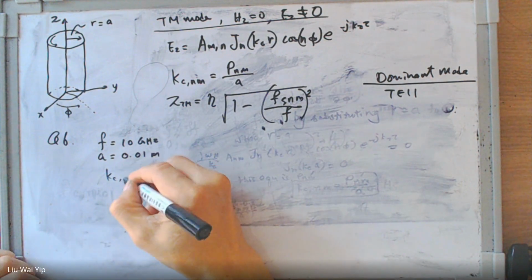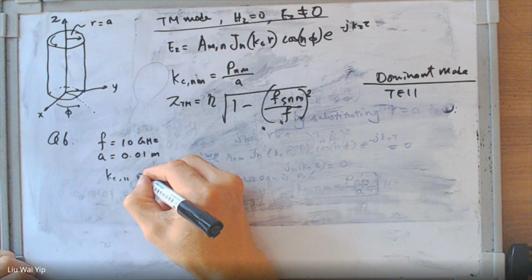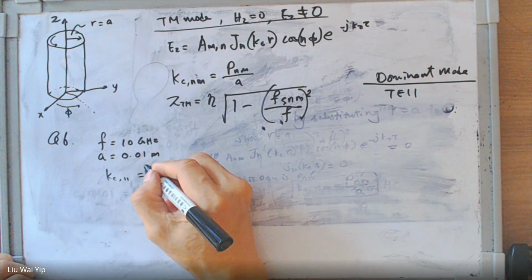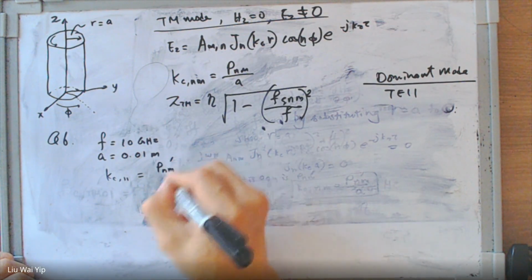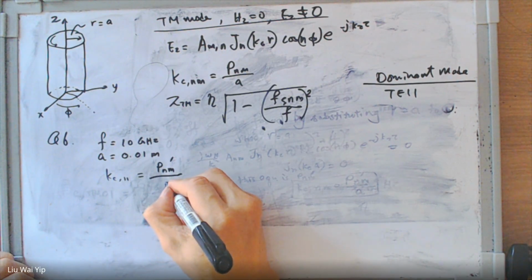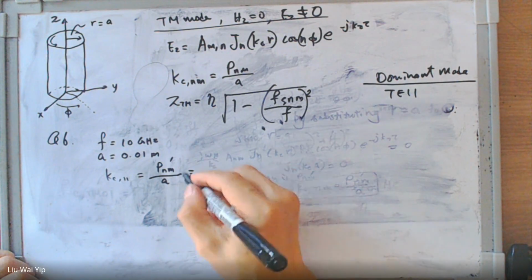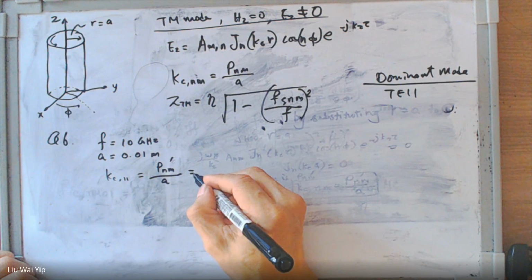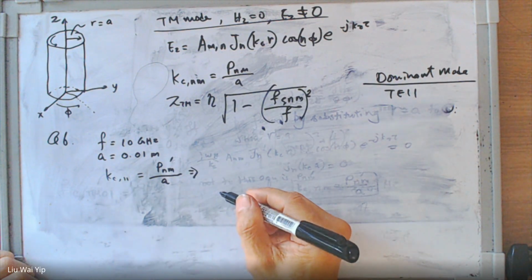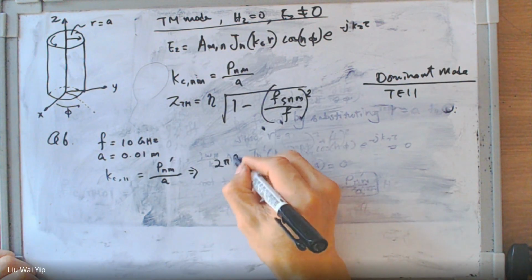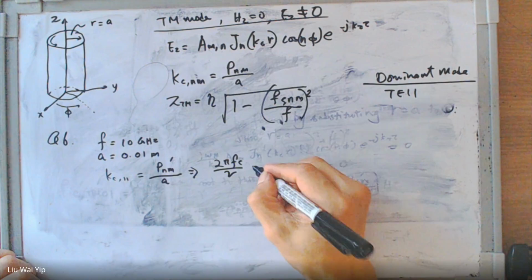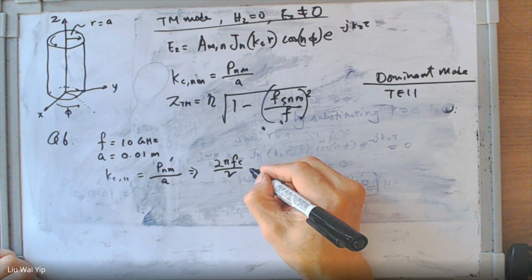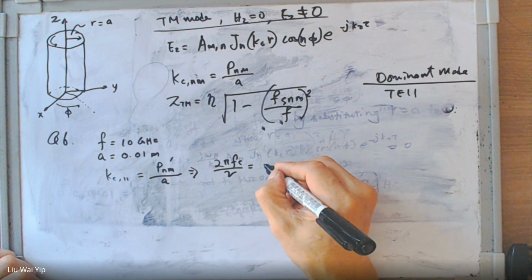Now we are going to substitute the value here. First of all, we are looking at the TE mode, so the table that you look at is this one, and then divide by a. Then you might wonder how we can get the cutoff frequency. So 2 pi fc over velocity is equal to Kc.